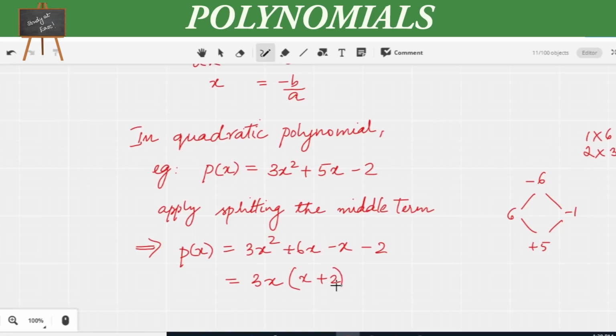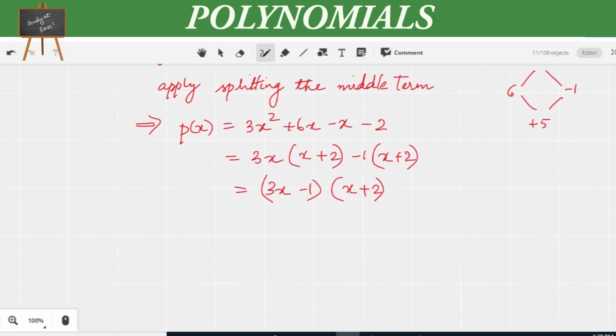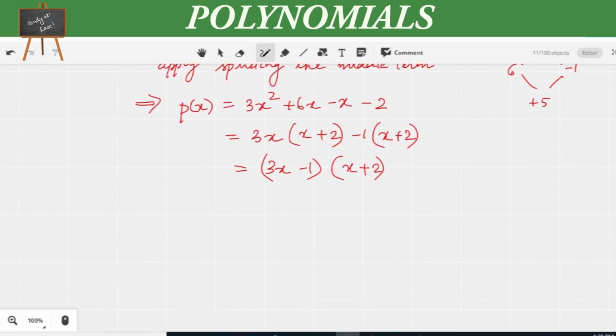So, it becomes 3x multiplied by x plus 2 minus 1, again, bracket open, x plus 2. So, you can see that x plus 2 is a common term. Let's take the x plus 2 common. So, it becomes 3x minus 1 and x plus 2. So, in the quadratic polynomial p of x, we got that its factors are 3x minus 1 and x plus 2.